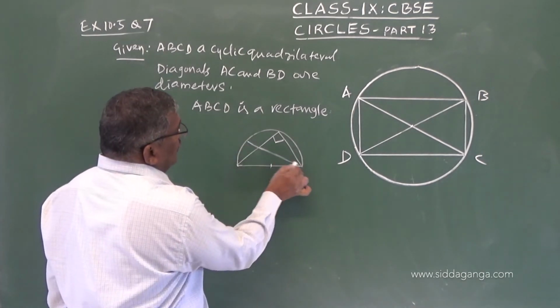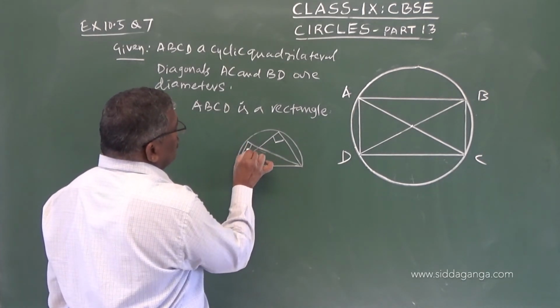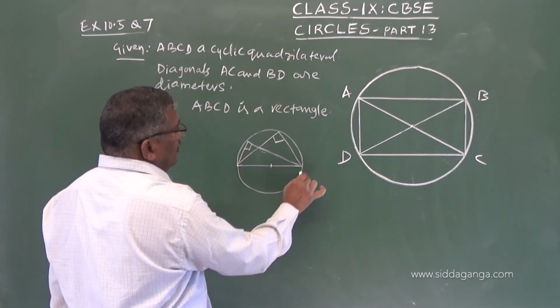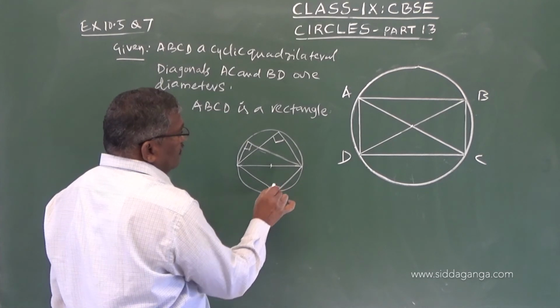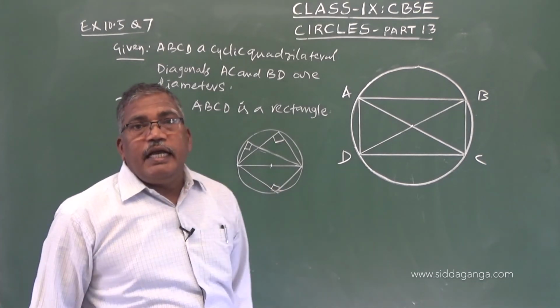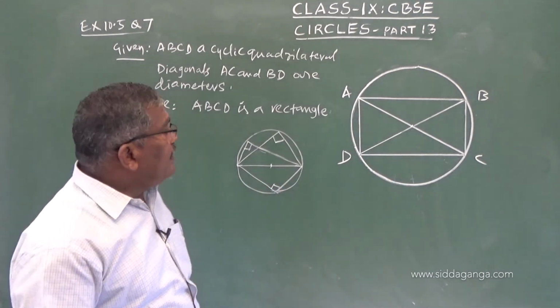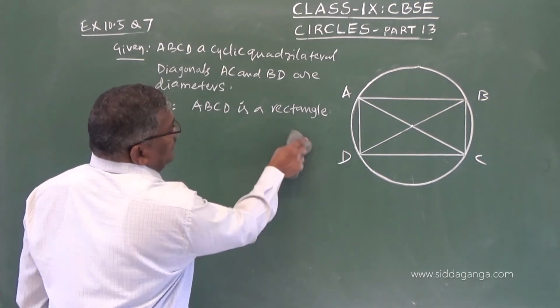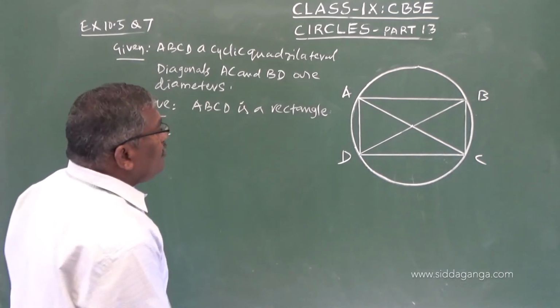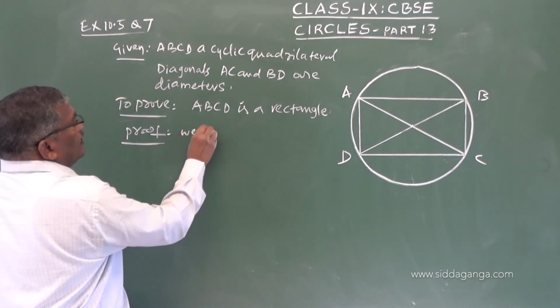Even if you have an angle here, this is also 90 degree. Even if you have an angle here, it is also 90 degree. That means the angle subtended by the diameter in a semicircle is a right angle, equal to 90 degree.